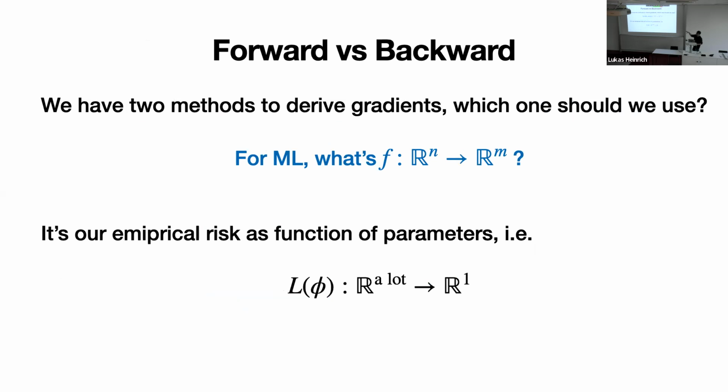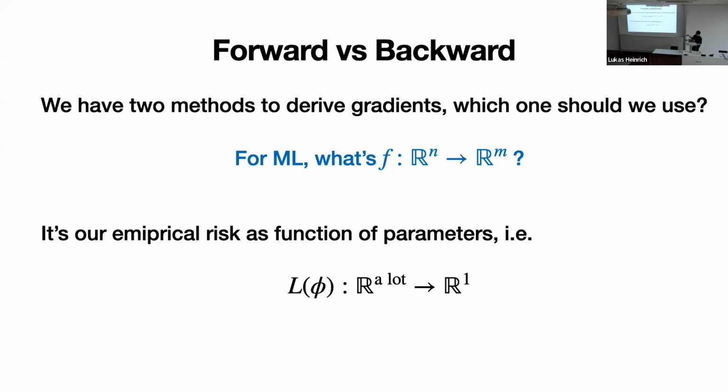For machine learning, we're basically only interested in having a gradient for our overall expected empirical risk. So we have our empirical risk minimization, which is the expectation value over all the data instances for the specific points of parameters. Then we have our overall loss function as a function that maps from the parameters to the overall loss value.